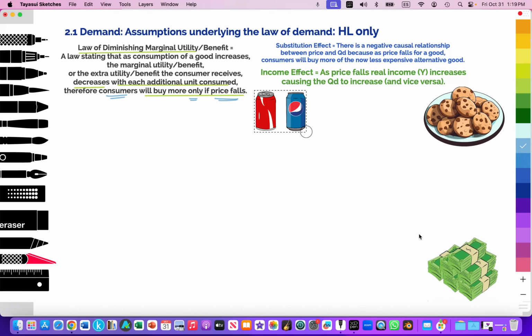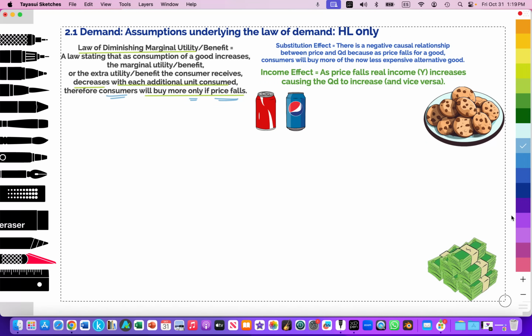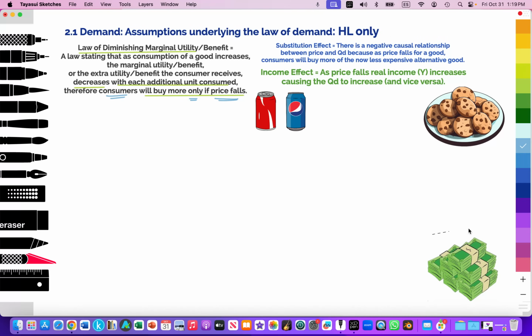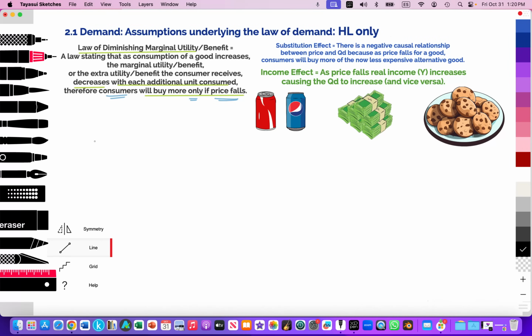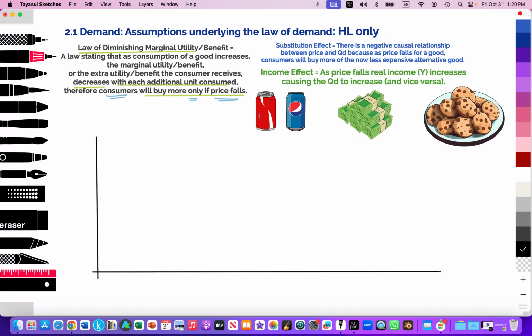We'll be looking at Coke and Pepsi, and I'm going to move this as well. Okay, so let me just create some space here. All right, so this is a model that standard and higher level students can use when you get into non-price determinants of demand, price of related goods, when you look at substitutes.